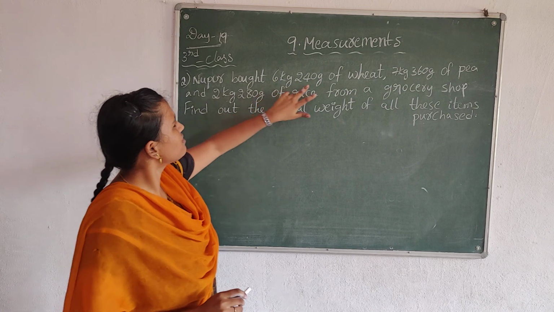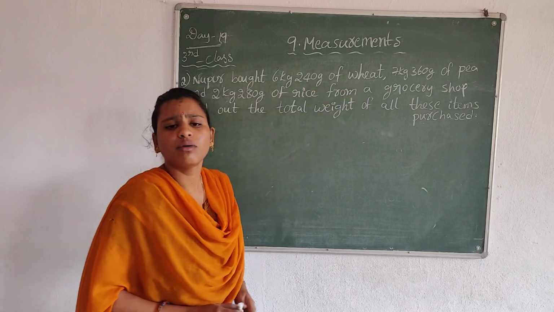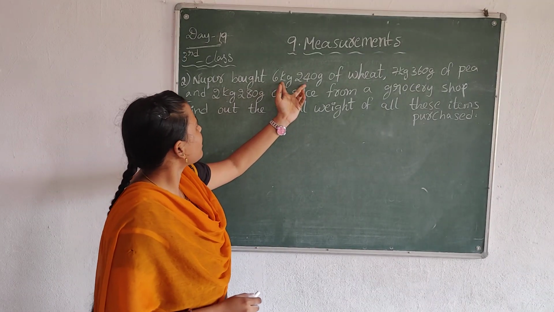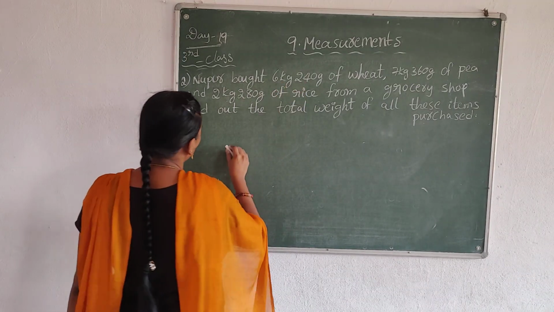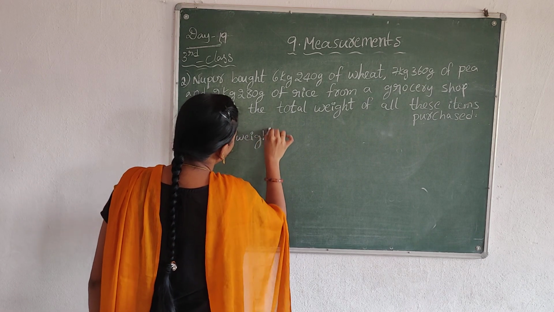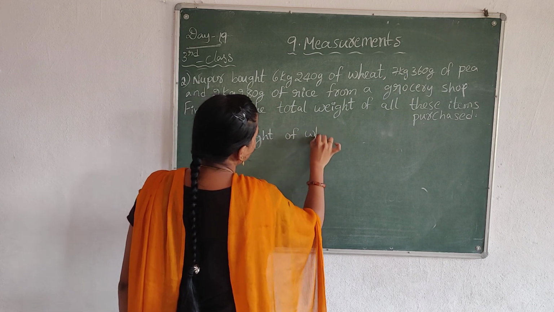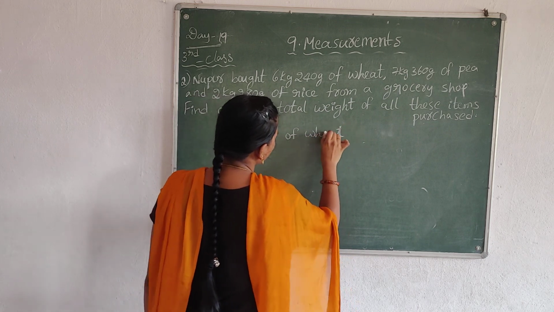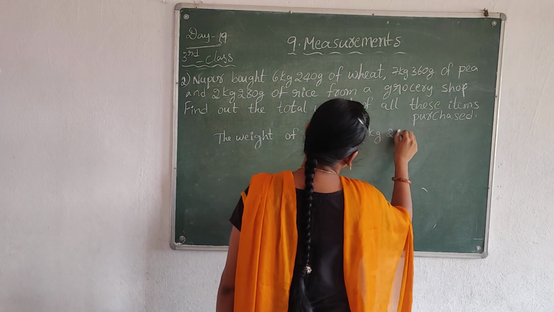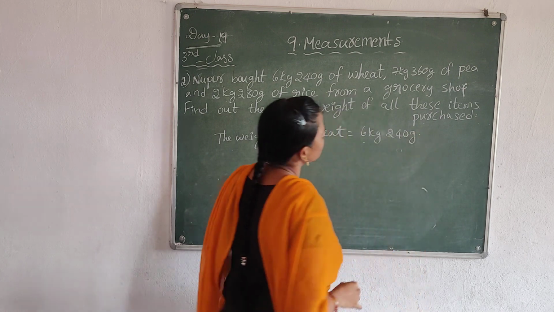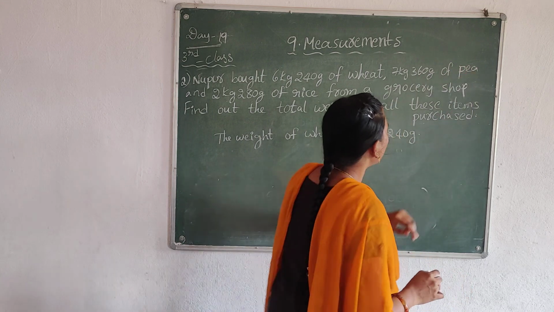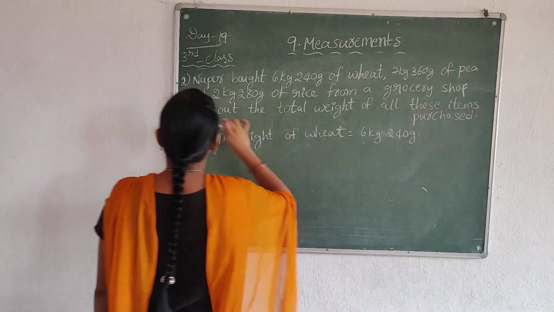See, she bought 6 kg 240 grams of wheat. The weight of wheat is equal to 6 kg 240 grams. Next, 7 kg 360 grams of peas.